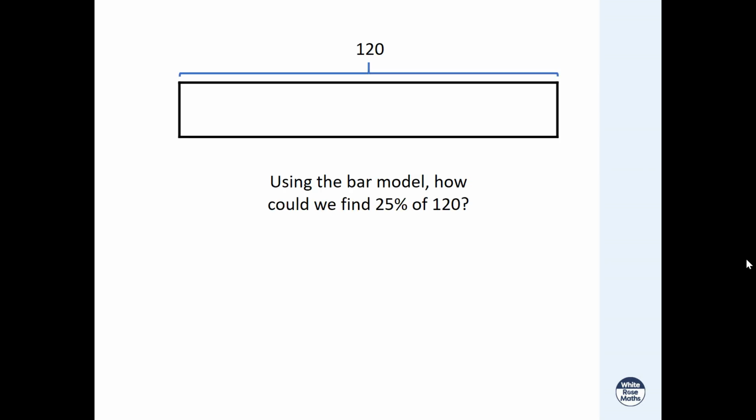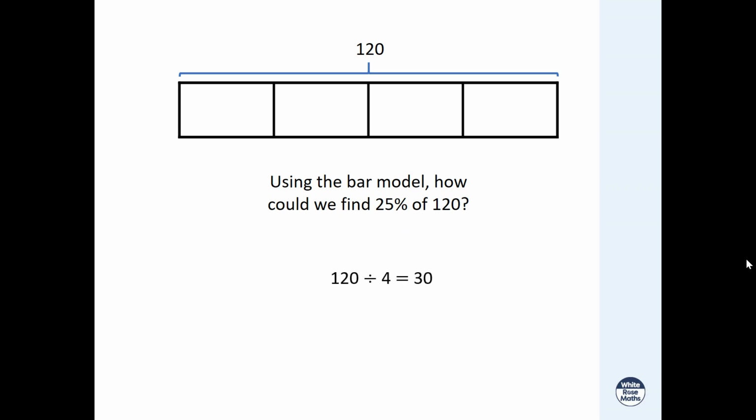So using our bar model, how could we find 25% of 120? And we know that 25% is 25 hundredths. So if we divide 25 by 25 and 100 by 25, our equivalent fraction is a quarter. So we can split our bar model into 4.